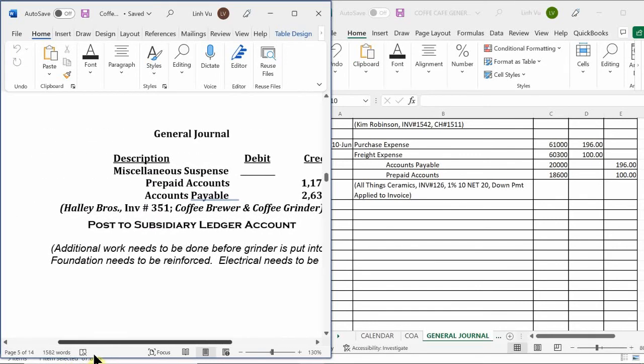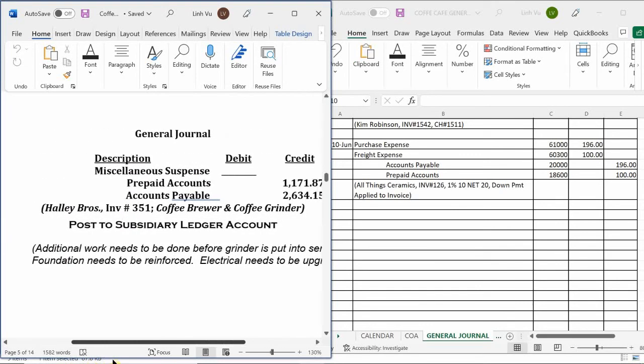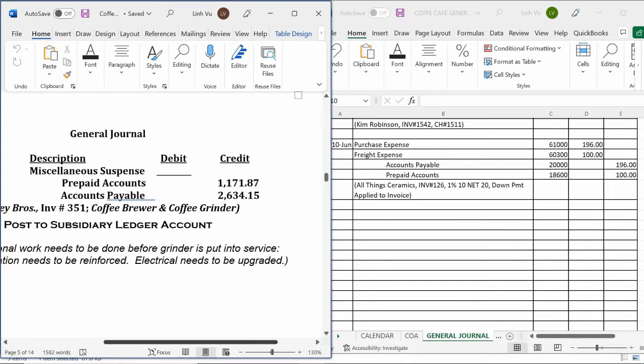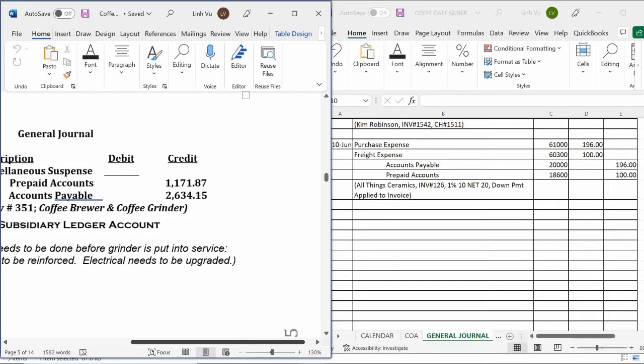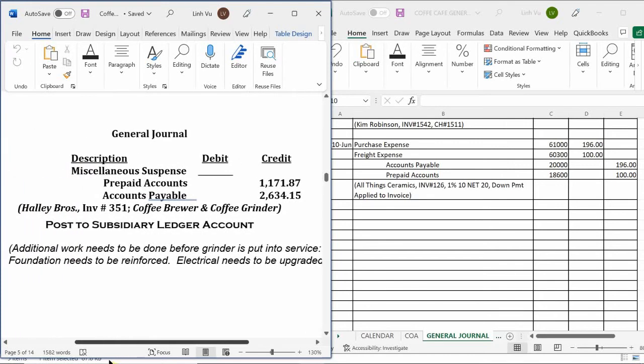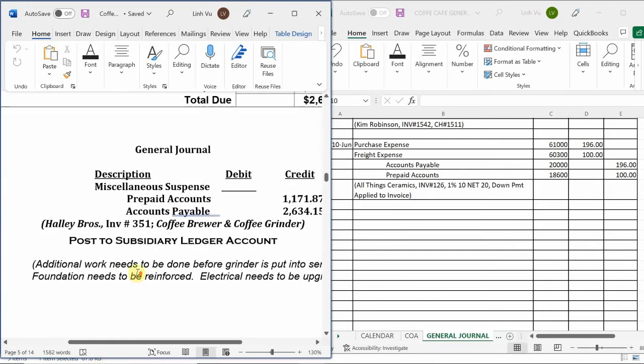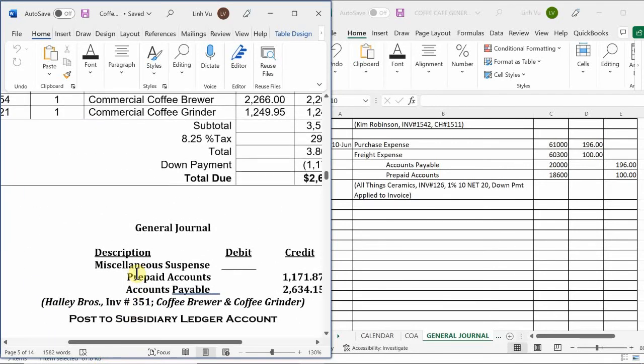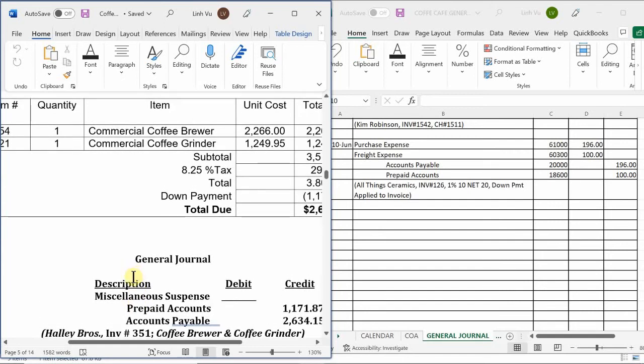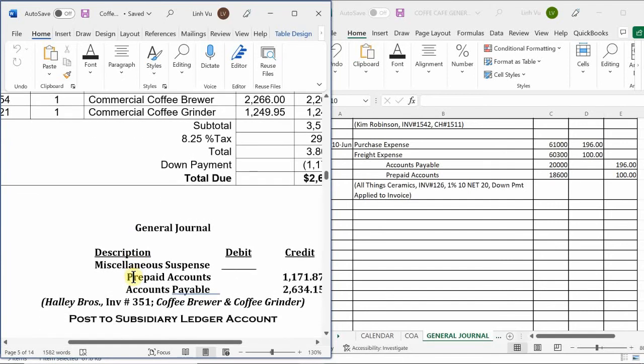We also have to do some electrical wiring just to make sure that the grinder has a place to be plugged in. It says right there, we need to be upgraded. So that's why I want you guys to put this in the miscellaneous suspense account, because we have some work that we have to do before these assets can get ready for service.